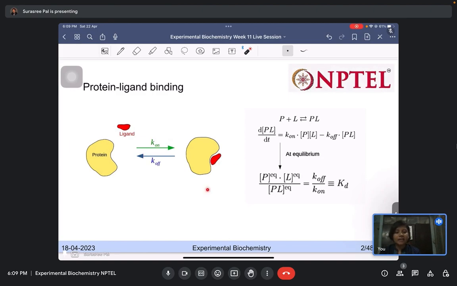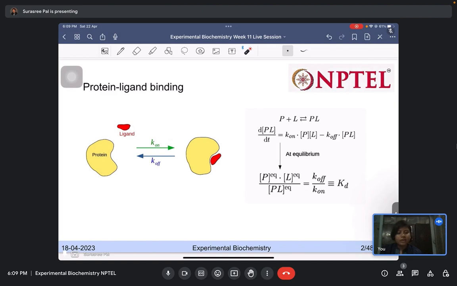Whereas when the ligand dissociates from the protein, the reverse reaction has a rate constant of K off. So K on and K off. These rate constants are written in small letters. Remember that.